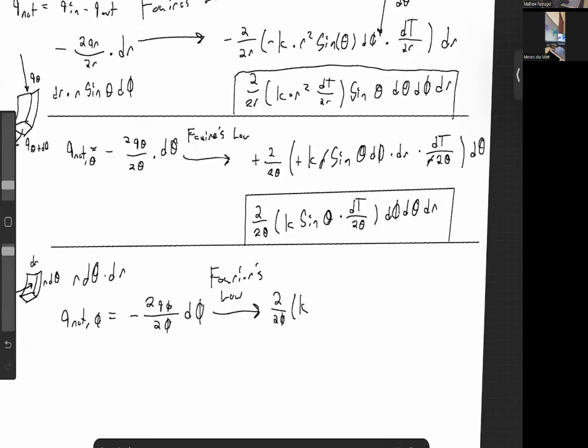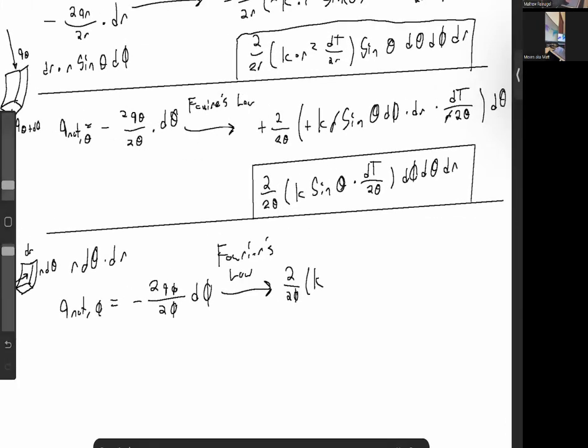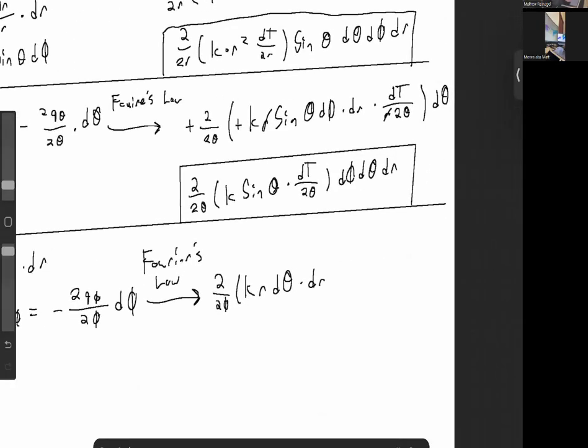Okay, and then we have the area of this, which is r d theta multiplied by dr. And then this is going to be multiplied by the temperature gradient over r sine of theta, multiplied by the change of phi, and then this will be multiplied by d phi.